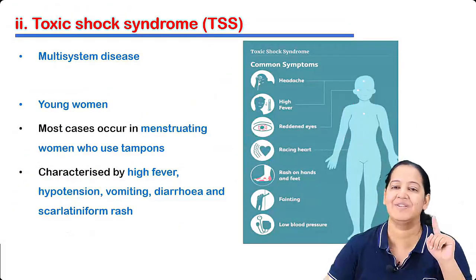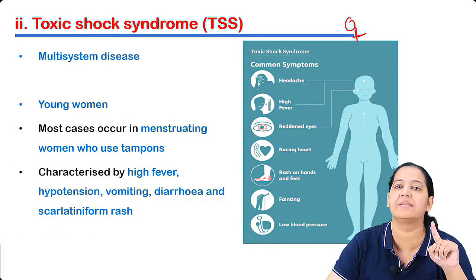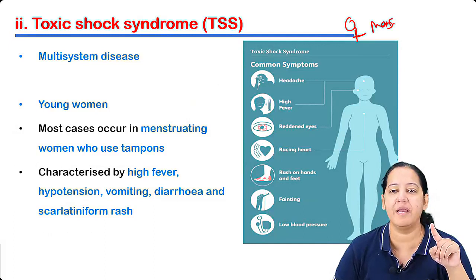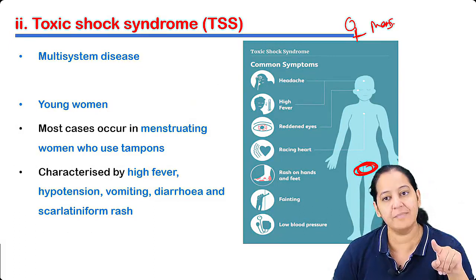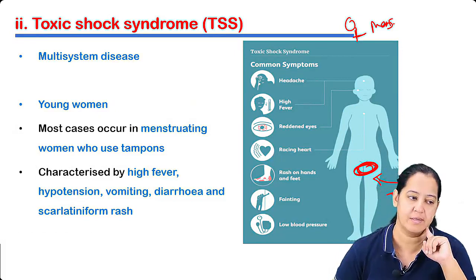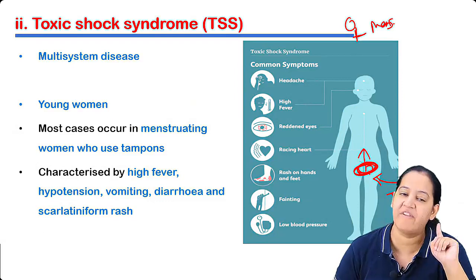Toxic shock syndrome occurs only in females, in menstruating females. During menstruation, the female uses tampons. Sometimes the tampons get contaminated with TSST, toxic shock syndrome toxin, and the toxin enters the female body via the vagina.